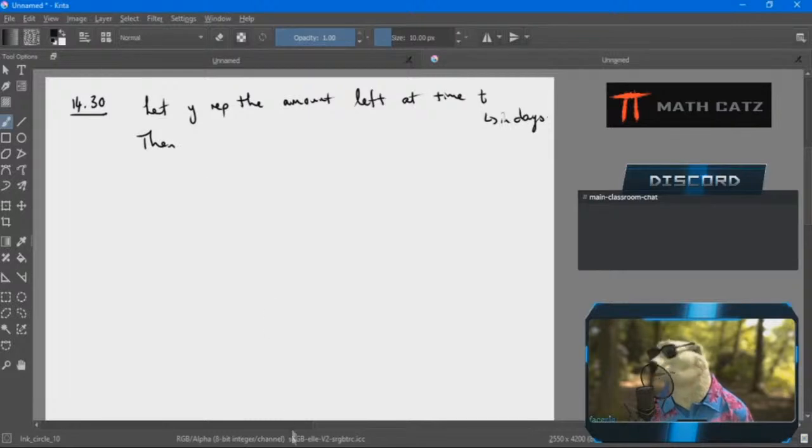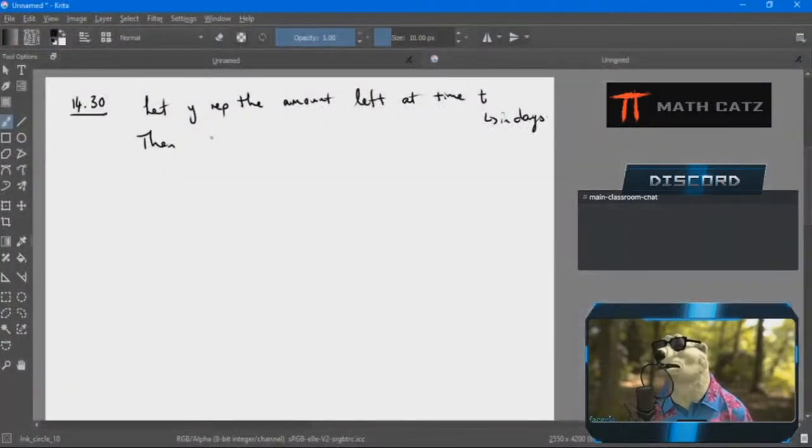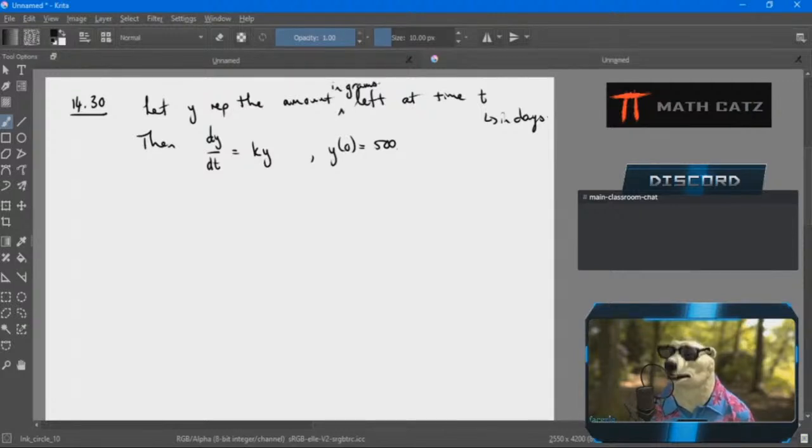Then the sentence is decaying at a rate proportional to the amount left at that time, allowing us to translate that to our familiar differential equation with 500 grams originally. Amount in grams, not that we're obsessed with units, but it's good to be aware.